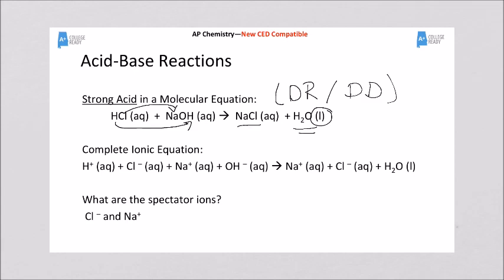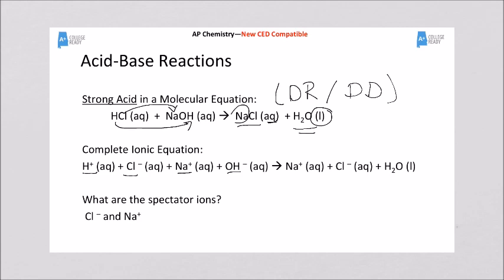The salt we have here is the traditional salt we think of, sodium chloride. And we would need to know that it's soluble because it contains the sodium ion. Now, remember, this is a strong acid example, so if I'm asked to write a complete ionic equation, I've got to split that acid into ions. We know sodium hydroxide is in the strong base category, so both of those are split apart. Now, do I split up the salt? Yes, because I know it's soluble. If it wasn't in our solubility rules, then maybe it would be a precipitate.